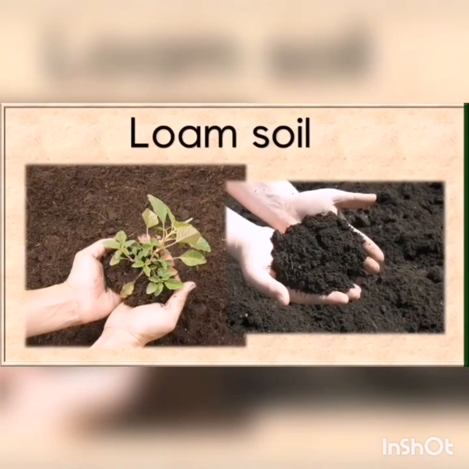Loam. Loam is the best soil for seeds and plants. It does not get too wet or too dry. It has enough food to keep plants growing. Loam is like a mixture of sand and clay soils, but is usually darker in color.